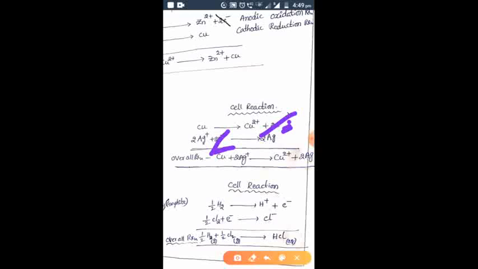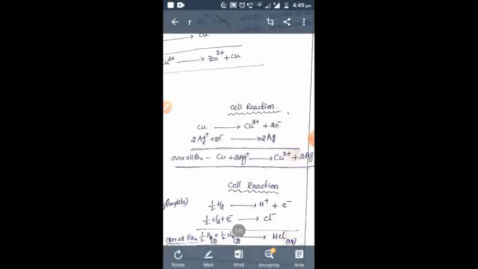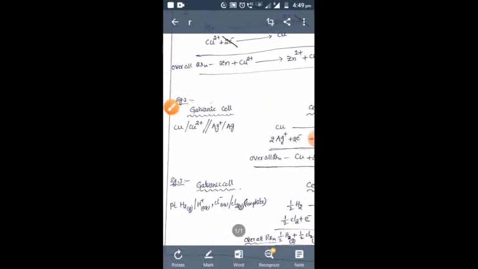Now add both half cell reactions, the anodic half cell reaction and the cathodic half cell reaction. So Cu plus 2Ag+ gives rise to Cu2+ plus 2Ag. This is the overall cell reaction of this galvanic cell.